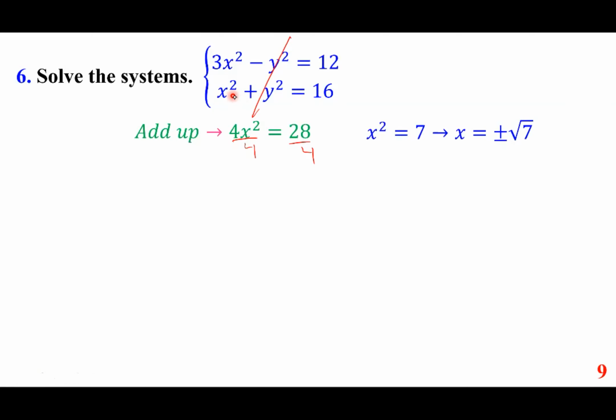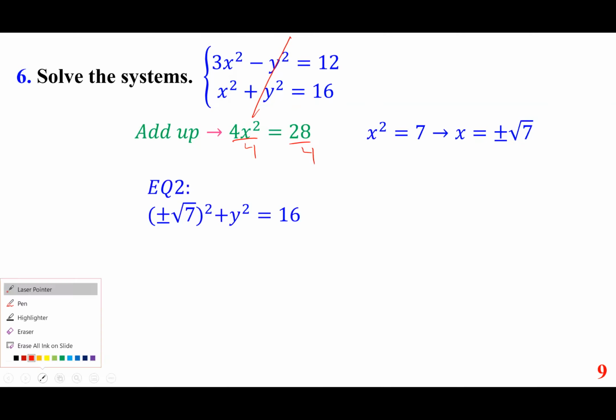If you use any of them, for example, this is easy. Whether you put positive square root of 7 or negative square root of 7, it doesn't matter, because when you square it, it becomes 7. So I'm going to put that in, and that results in 7 plus y squared equals 16.